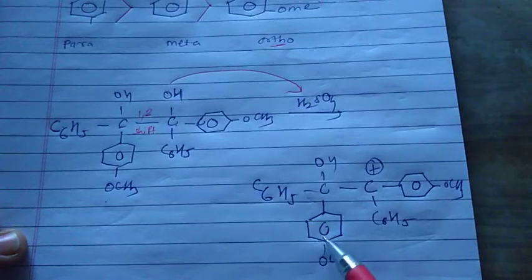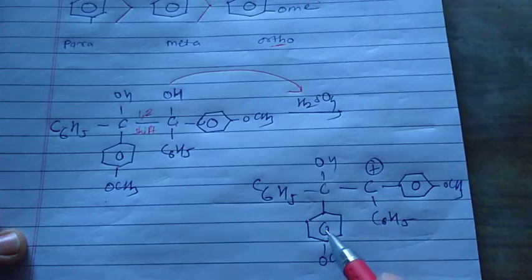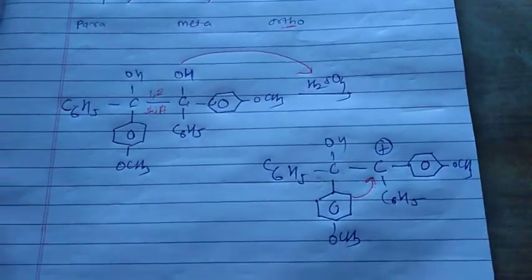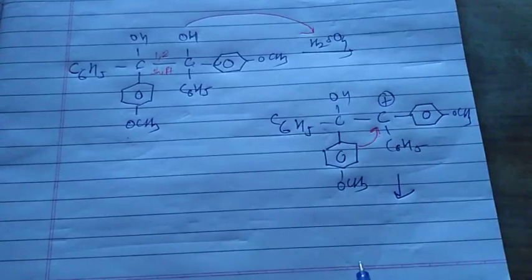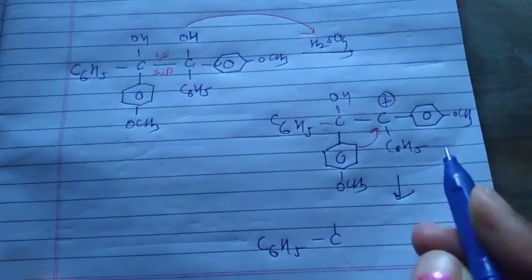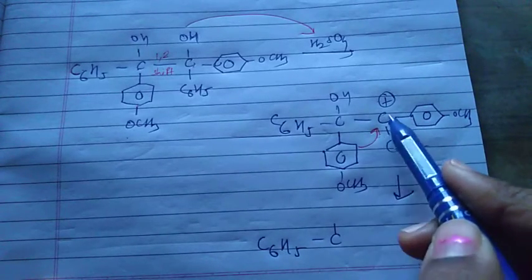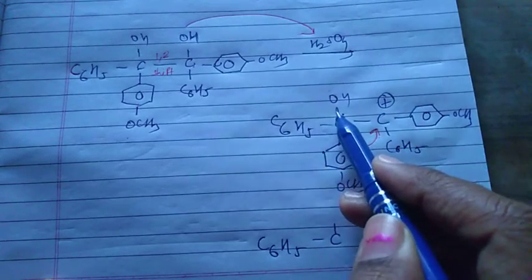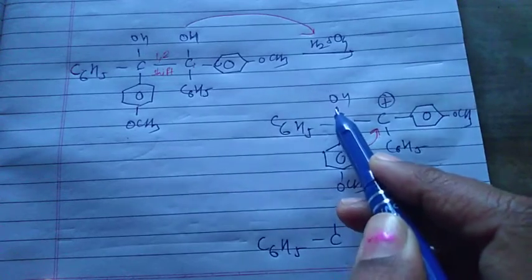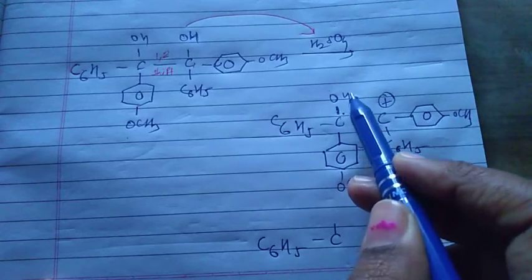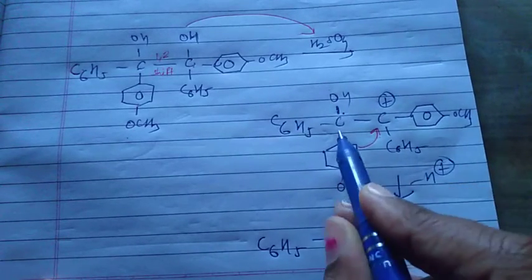If we compare these two groups, the OCH3 substituted phenyl group is migrated toward here, and then we get the product, C6H5C. Whenever the positive charge comes over here, the oxygen having a lone pair shifts its electron pair toward this carbon, and there is a formation of a carbon oxygen double bond, and by removing the H plus there is a formation of the carbonyl compound.